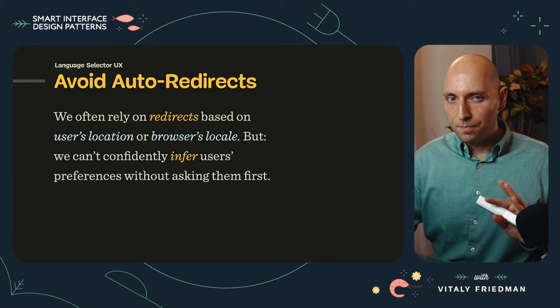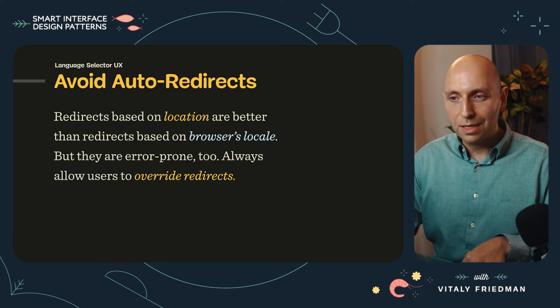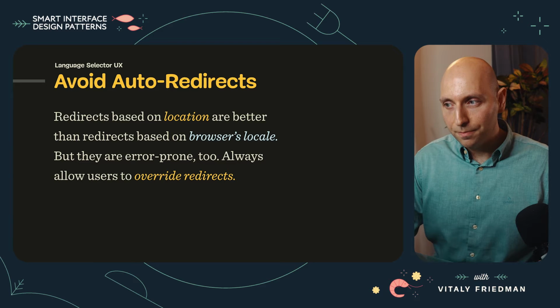So if I had to choose between the two, what to base auto-redirects on, I'm probably going to do that based on the location, but not based on the language. It's very common that somebody might be connecting from Germany, but might prefer an English version of the site. So in general, redirects based on location seem to be a little bit more reliable.